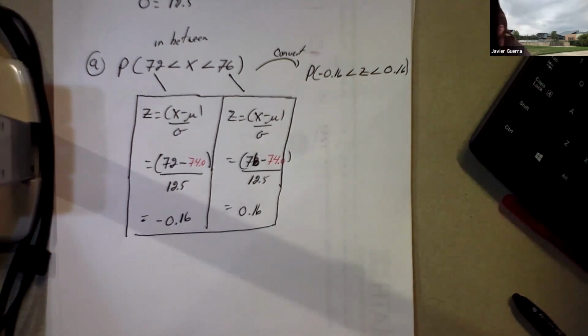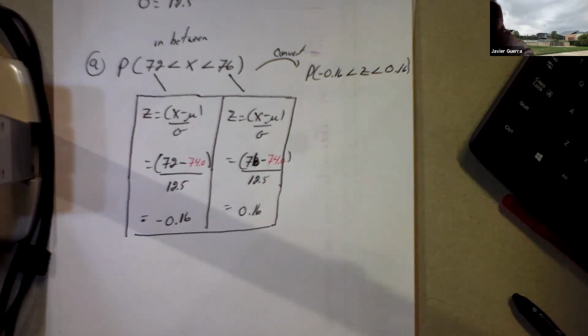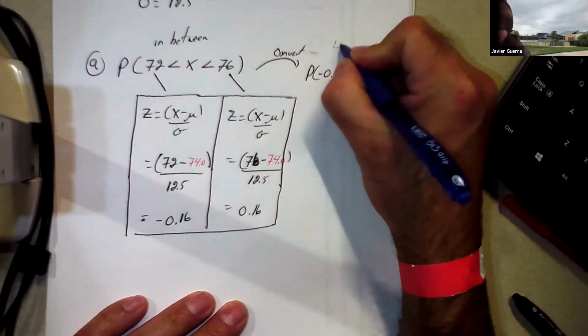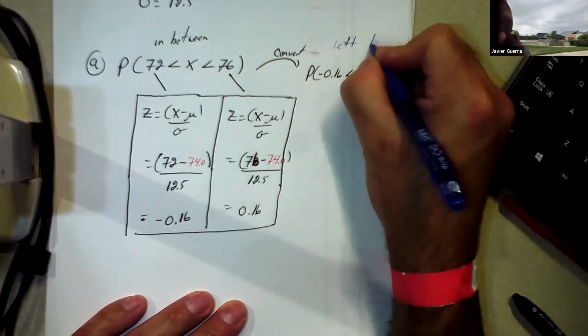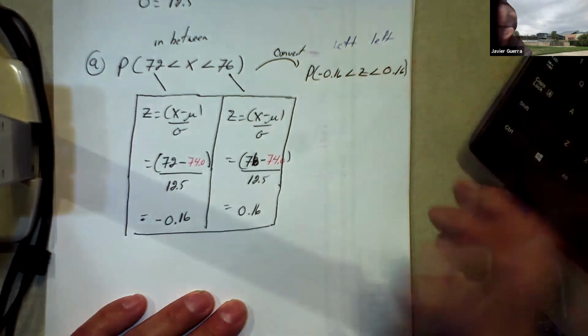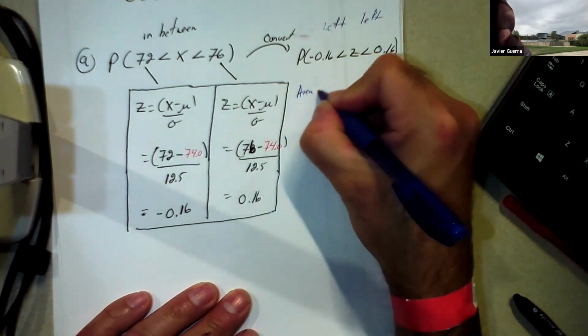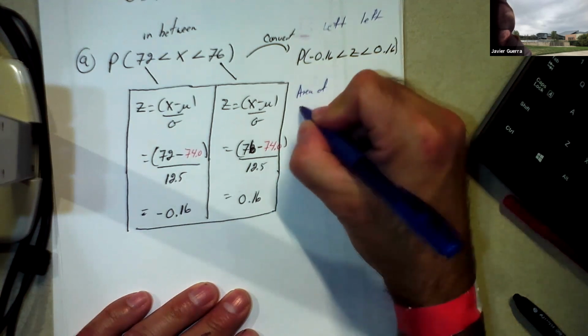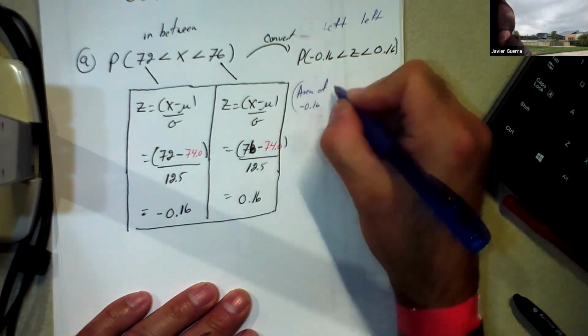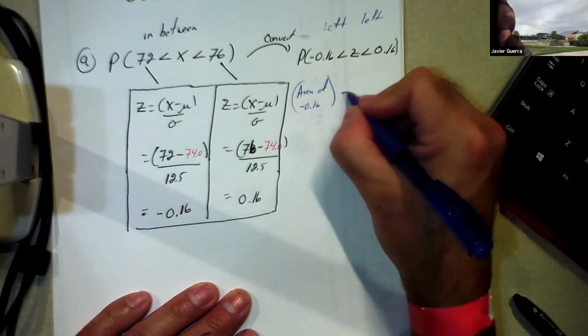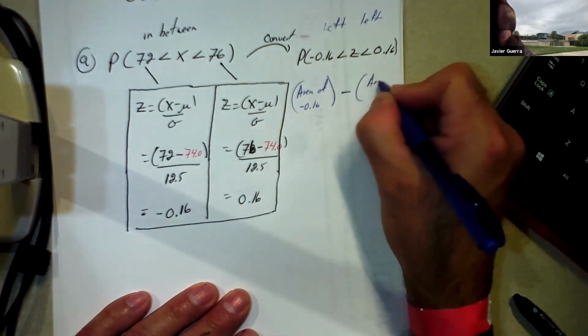Now for the in-between, I have to do Beyonce's: to the left, to the left. So I'm gonna look up the area of negative 0.16, and then I'm gonna subtract the area.